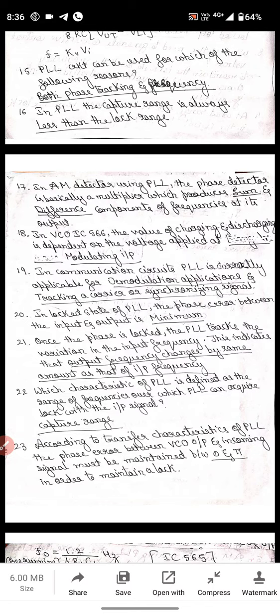In VCO, that is voltage controlled oscillator IC566, the charging and discharging rate depends on the voltage applied at the modulating input. In communication circuits, PLL is applicable for demodulation and for tracking a carrier or synchronizing a signal.